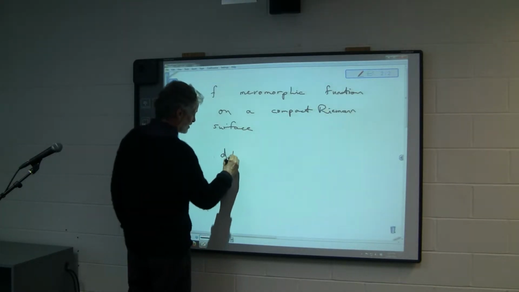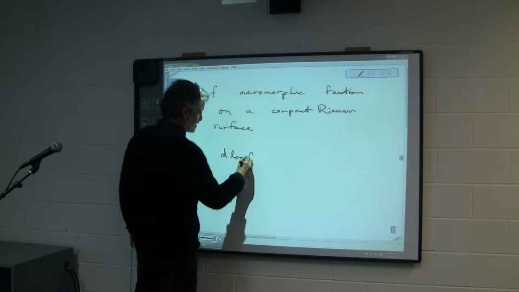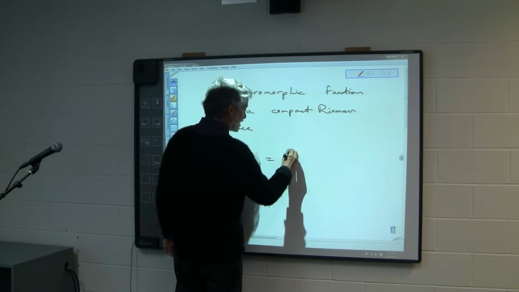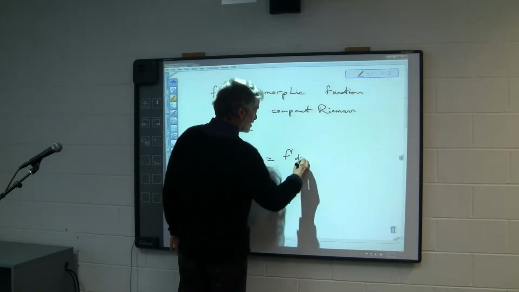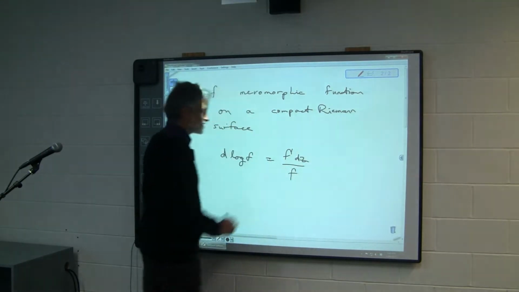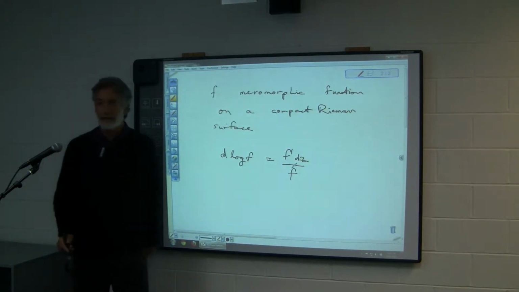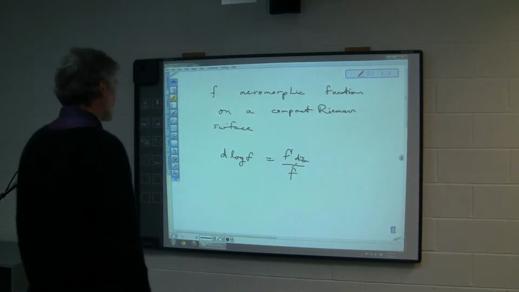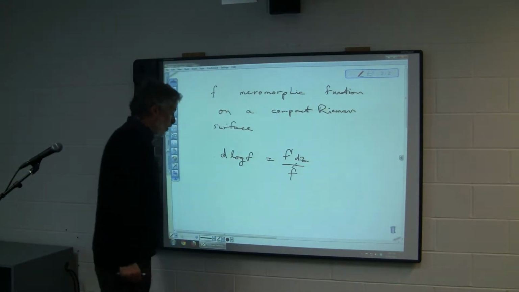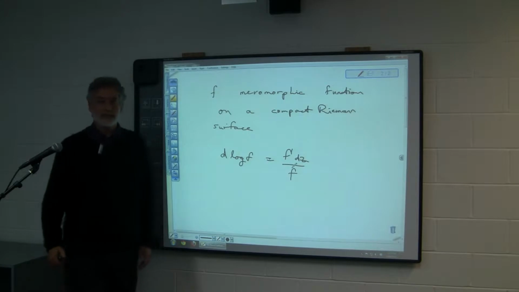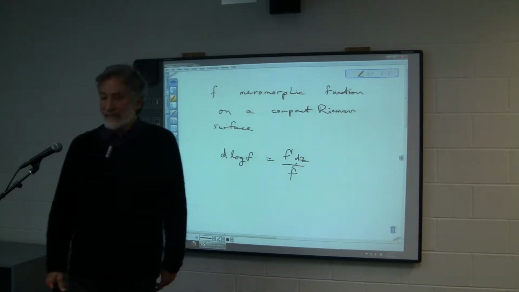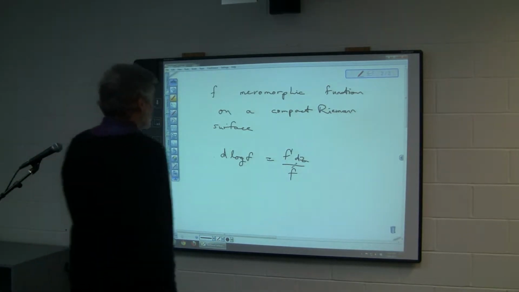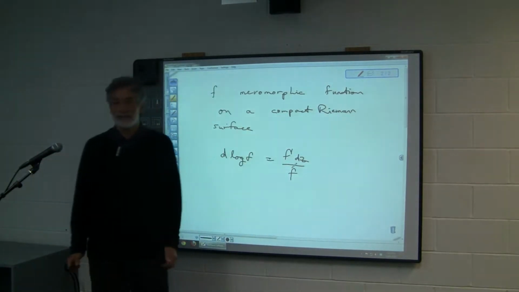Look at d log f. So in local coordinates this is f dash dz over f, so it's f dash divided by f times dz. Okay, so we can look at this and integrate it. If f is a meromorphic function, this will also be a meromorphic form.